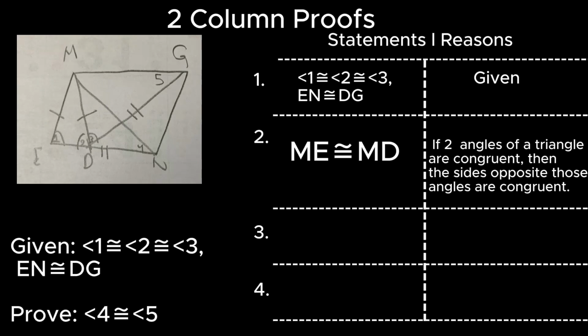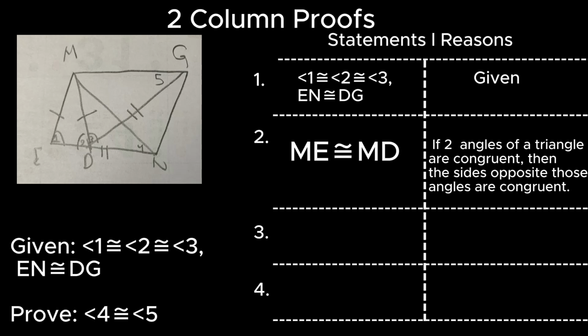Now, our goal right here is to somehow prove that the big triangle MEN is congruent to triangle DMG, because if we prove those two triangles congruent, then we can use CPCTC to prove that angle 4 is congruent to angle 5.